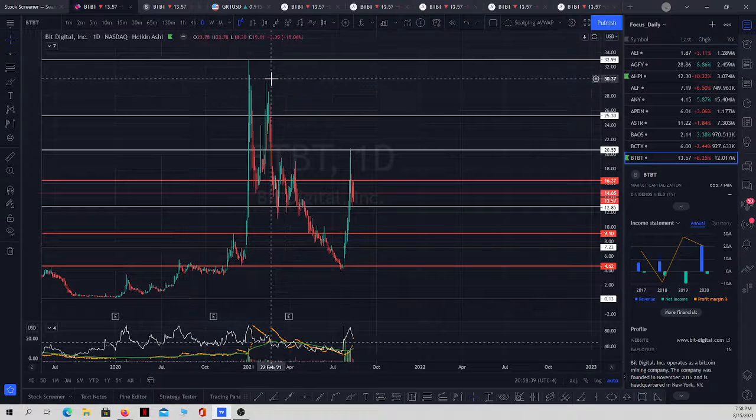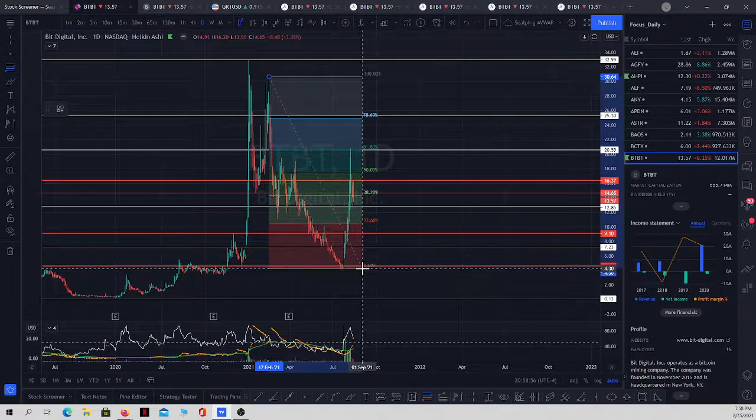And again, if you want to do a Fibonacci retracement from the highest point here to the lowest point, as if it was trending down, you go here, the highest point to the lowest point. Okay. And then you can draw your lines.